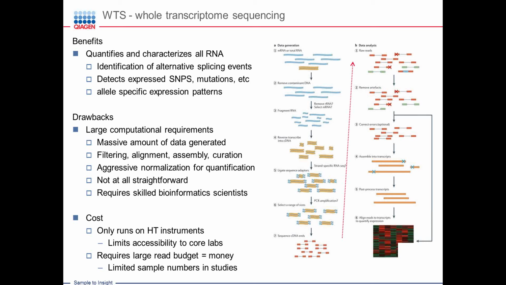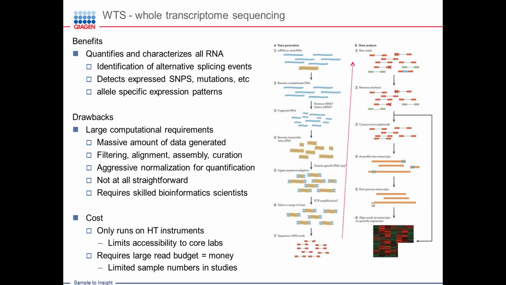There's large computational requirements. You generate a massive amount of data. And as you see on this flow chart, we're typically taking mRNA or total RNA, fragmenting it, putting linkers on and amplifying it, and sequencing all these small fragments and using our bioinformatics neighbors down the hall to put all this stuff together and to figure out what was in there in the first place and what the relative amounts of all these different transcripts were.